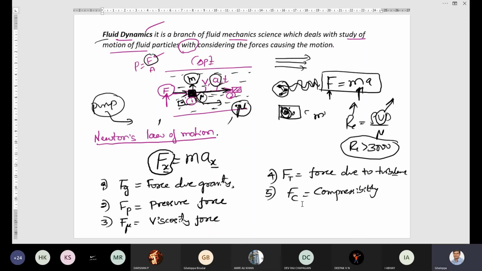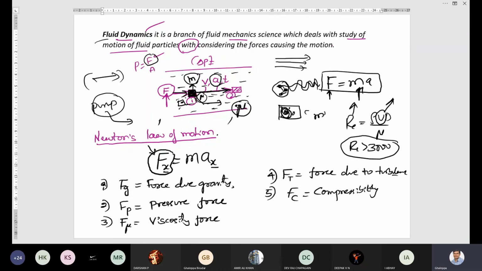Just assume that the fluid is flowing from one point to another. Saying it is very easy, but understanding, analyzing and solving the numericals in those days was very difficult. But anyway, they have done it and calculated the different types of forces. Now the question arises in our mind whether the F term in Newton's law of motion includes all these forces. Yes, friends, it includes all the 5 forces.